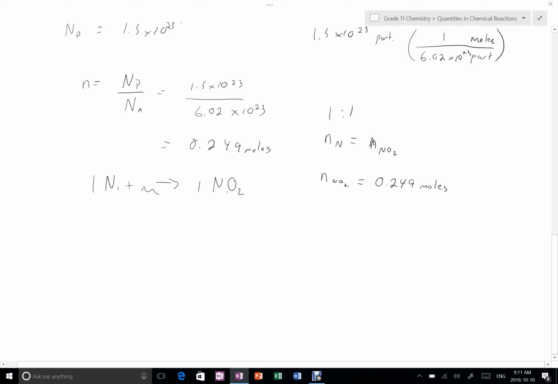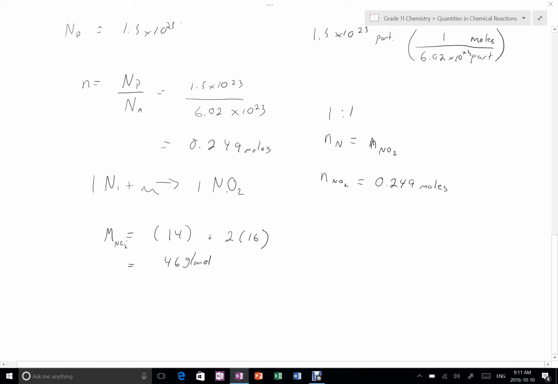Okay, with that in hand, I can figure out what my mass would be. I have to figure out my molar mass for nitrogen dioxide in the first place, though. So that means that I need 1 nitrogen molar mass plus 2 oxygens. 2 times 16 is 32, plus 14 is 46 grams per mole.